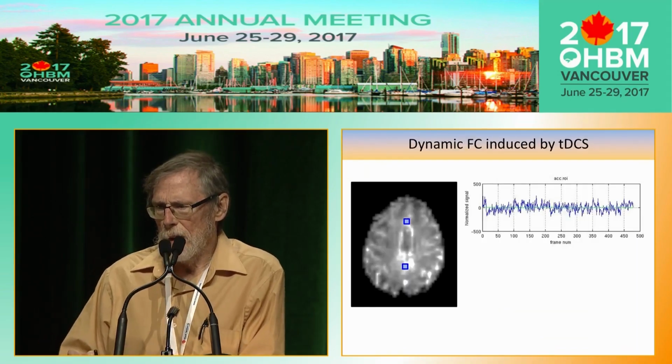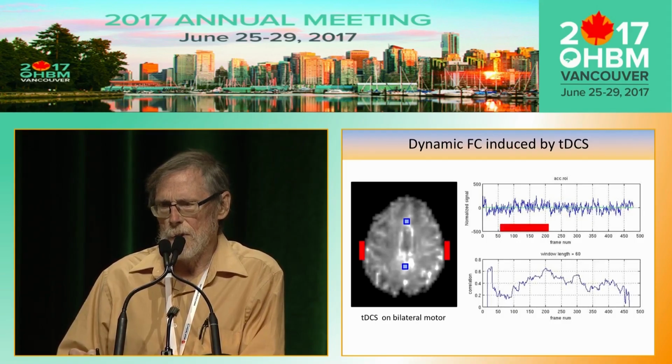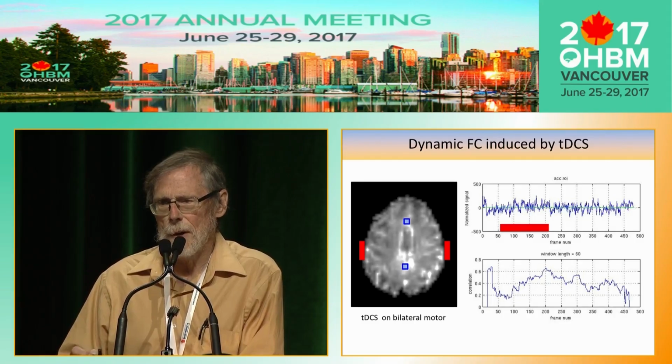And yet another example looking at functional connectivity in a resting state brain between the two blue regions. You see a typical region of interest. We put on TDCS then, and we see again a change in the functional connectivity between those that has again this time constant of on the order of 9 or 10 minutes.